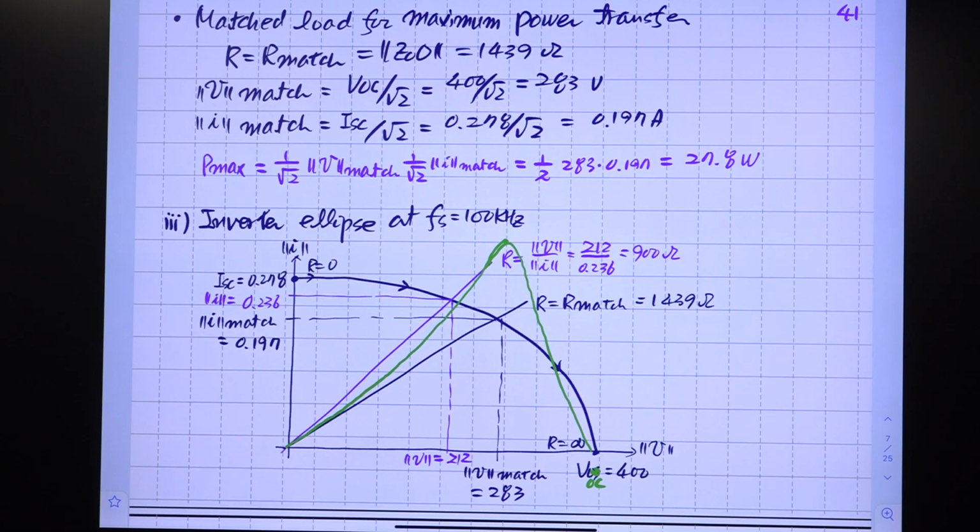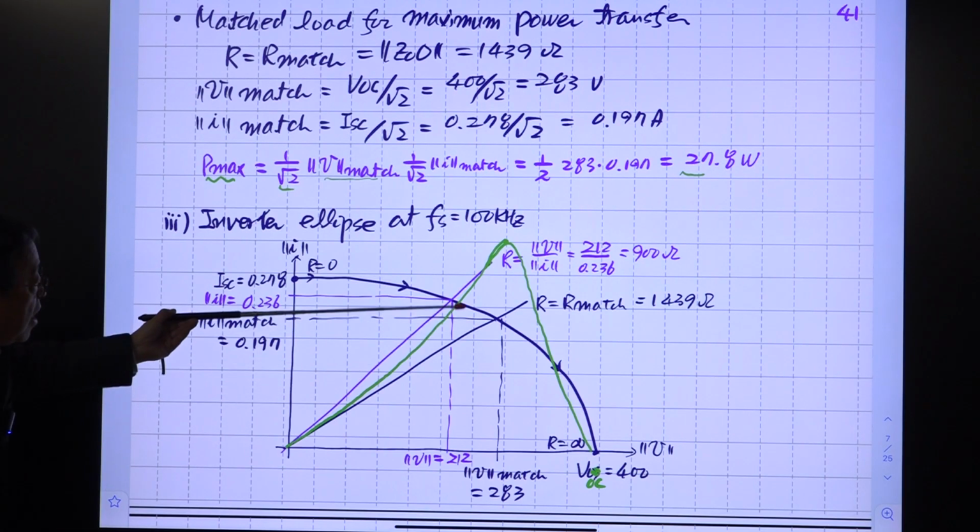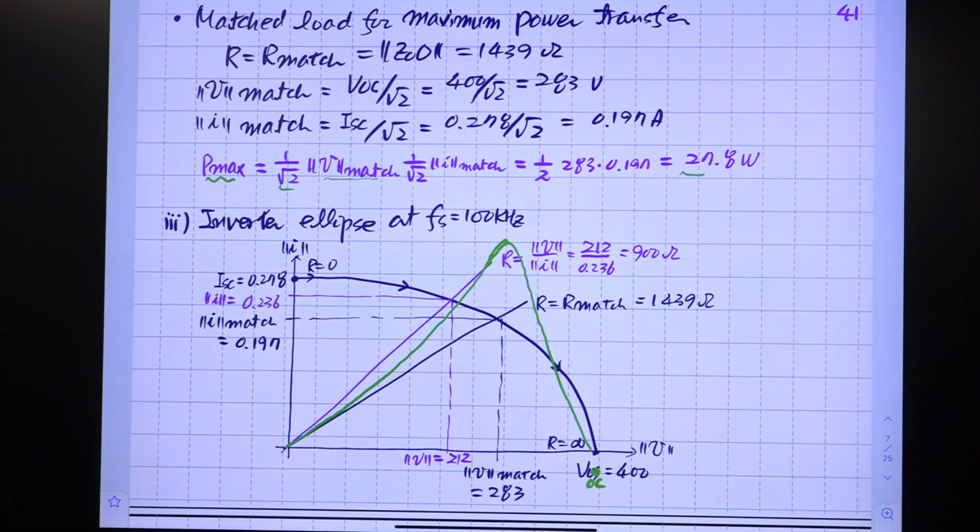And the maximum power P max is given by the product of this value and this value on the RMS scale. So that is that.